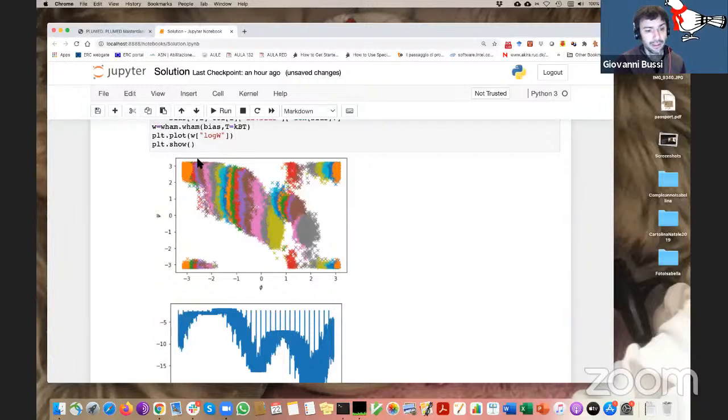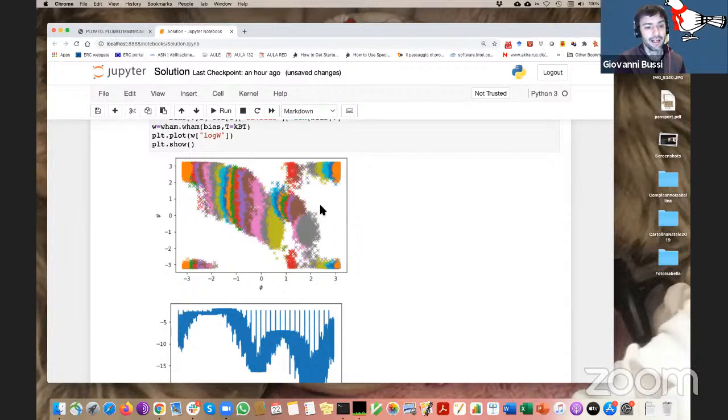Actually, it's good in distinguishing the first and the second minima, those that we have seen in the previous exercises, but not good in distinguishing this minimum from this one. So psi would not be a very good variable for encouraging the transition back and forth from these two regions.